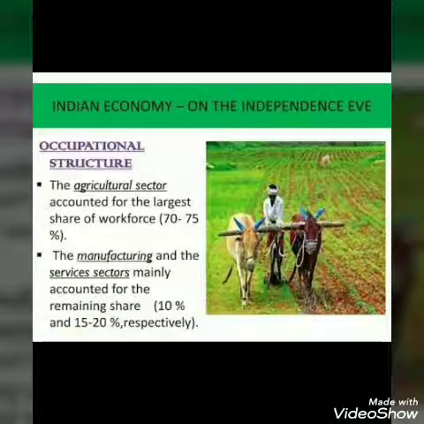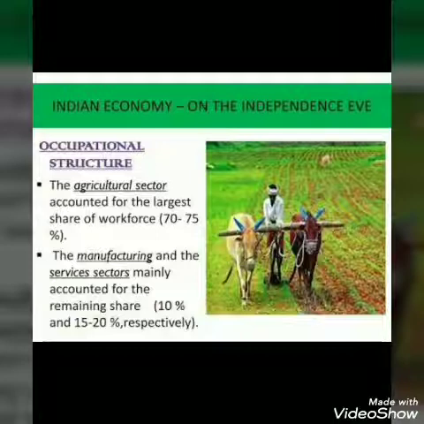And of the remaining, 10.1% of the working population was engaged in the manufacturing sector, that is the industrial sector, okay, which shows the backwardness of Indian industry at the time of independence. The remaining 17.2% of the working population was engaged in the third sector, that is the service sector, which proves the slow growth of the tertiary sector at the time of independence.